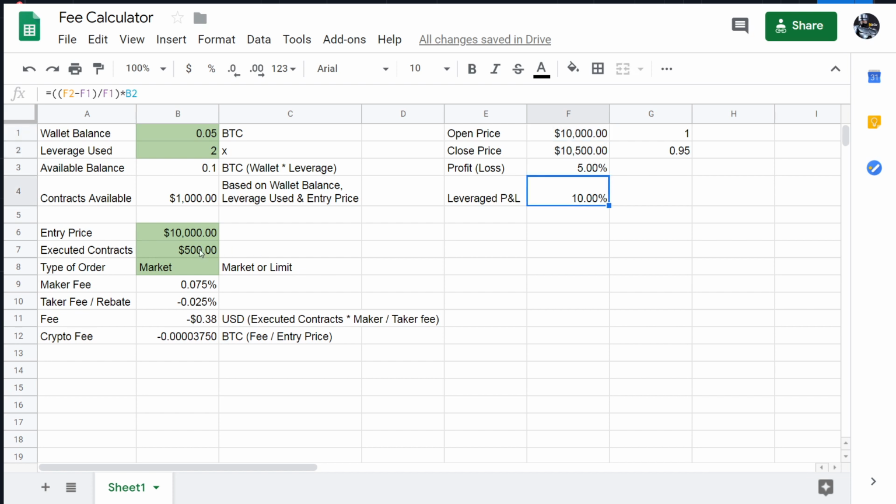But if you're only doing half of your account, because we're doing 2x leverage and only a $500 trade, this is only a 10% increase on half of your account. In order to fully recognize a 10% profit or loss on your entire account, so in other words, if you want that 0.05 Bitcoin to go to 0.055 Bitcoin, you've got to use all of the contracts available.